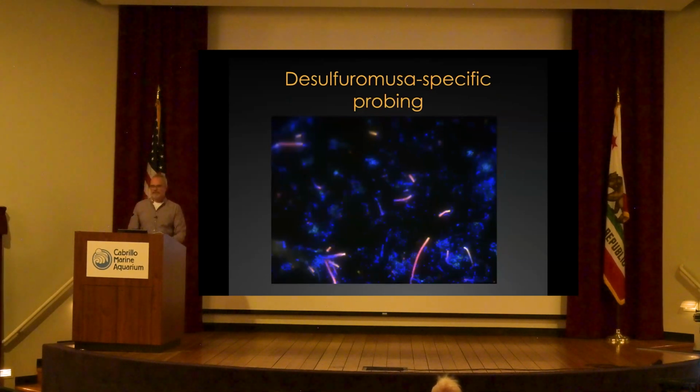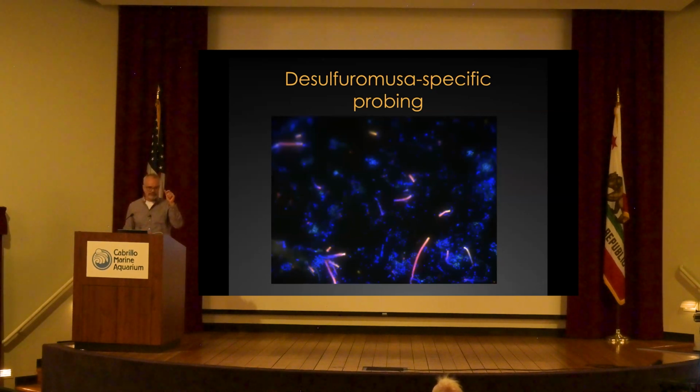Now, one group that was particularly interesting to us was something called desulfuramusa, because this was one of the major groups of sulfur reducers, one of the ones that goes back the other direction. And so she developed a probe. This was her unique probe. And when she probed it, she found these really cool filamentous organisms. So the reddish filaments poking up, this is so long that it's hard to focus on them because they actually span multiple layers of the focal plane when you look under the microscope.